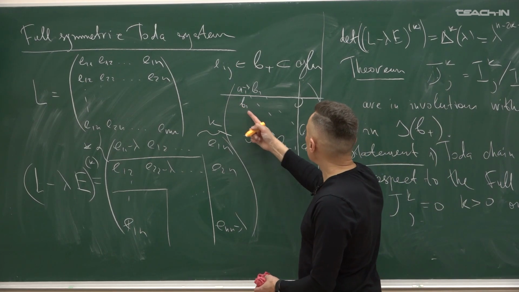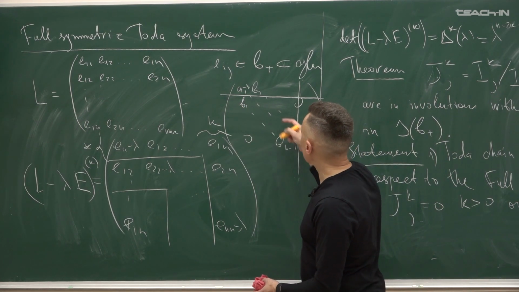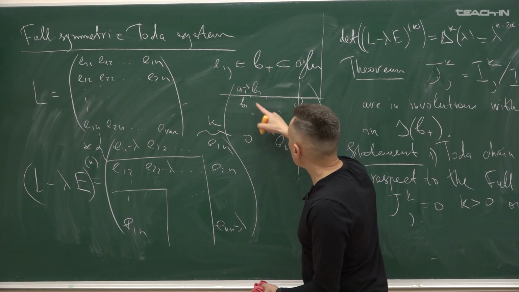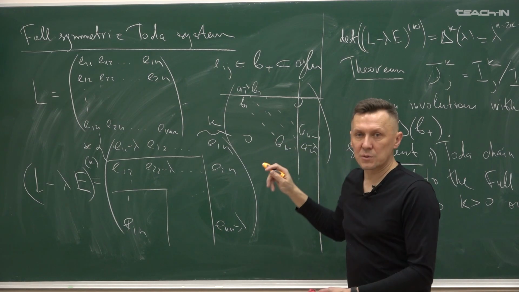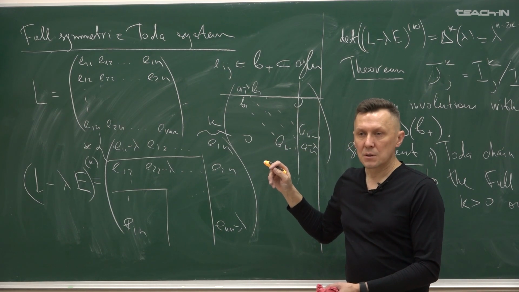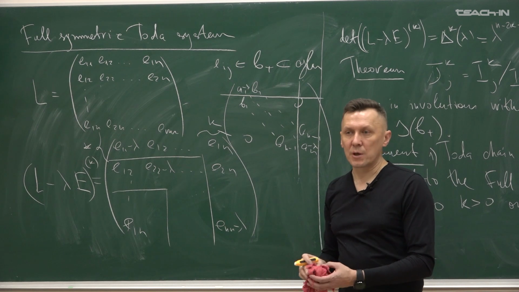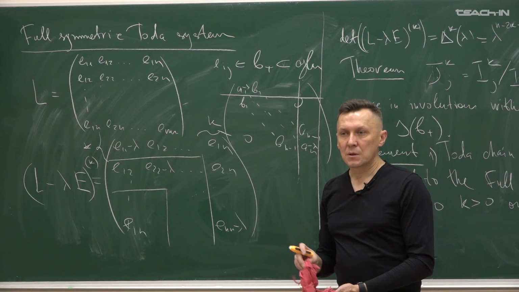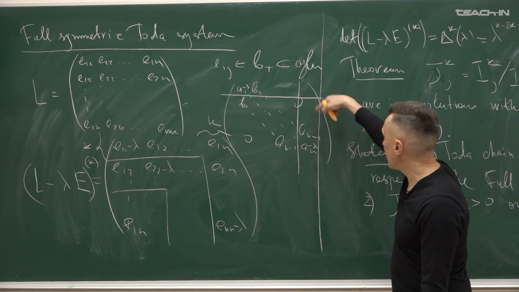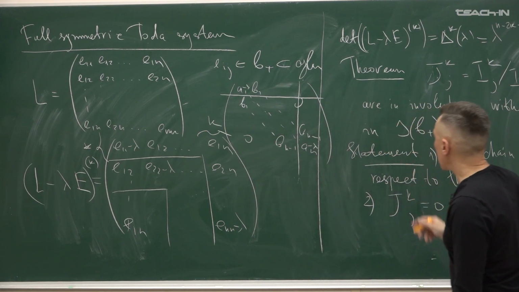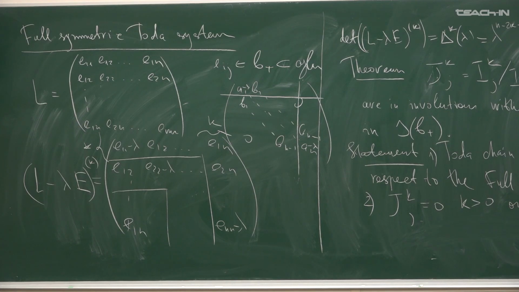We get here some lambdas, but we have here an upper triangular matrix. Its determinant doesn't depend on lambda. Okay? So just the first chopping produces an element which doesn't depend on lambda, so there are no coefficients.